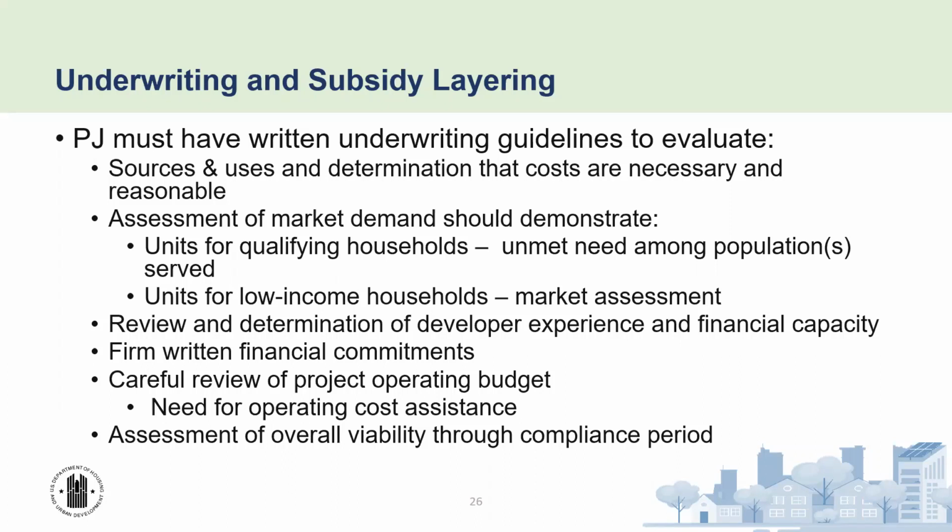If the project will receive project-based vouchers or other rental assistance, the analysis must examine rental assistance revenue to ensure operating costs are covered, since HOME-ARP operating costs can't be used for qualifying households with project-based vouchers or rental assistance. Finally, an assessment of the project's overall viability through a minimum compliance period based on the mix of households it will serve.